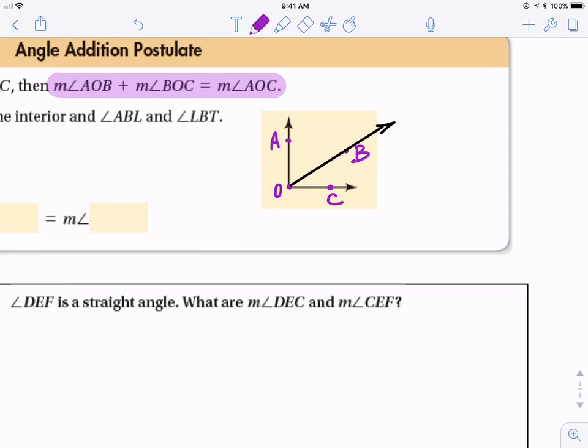Let's say that I call this angle 1 and I call that angle 2. Then we would say the measure of angle 1 plus the measure of angle 2 equals the measure of the big angle, which is AOC. This is the same exact idea as the segment addition postulate. Angle plus angle is equal to the whole angle measure.